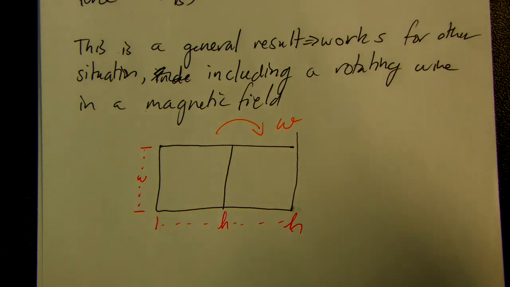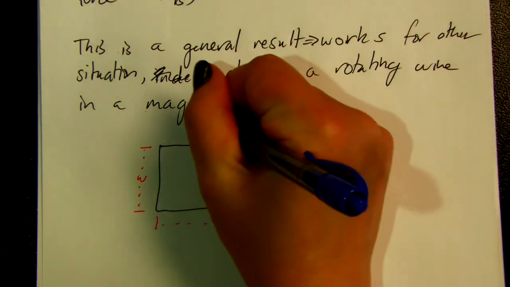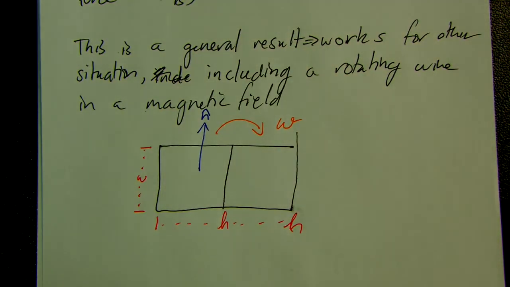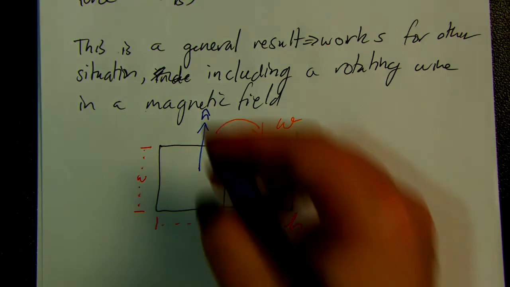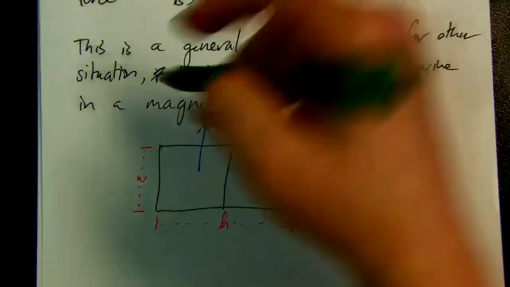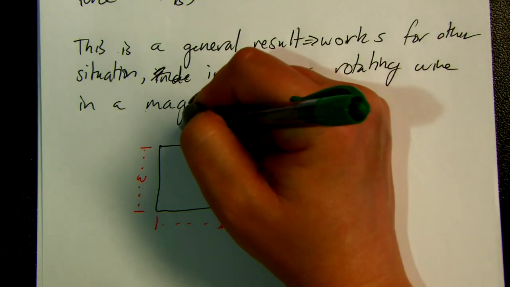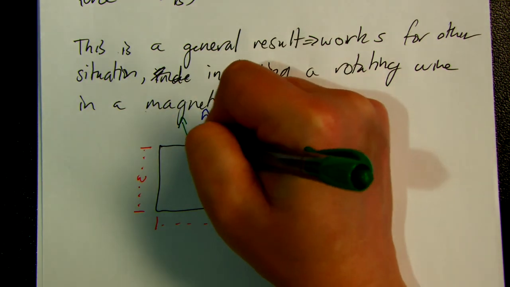You've got a normal unit vector, which is normal to the plane of this rotating square wire, and then you have the angle theta between them.